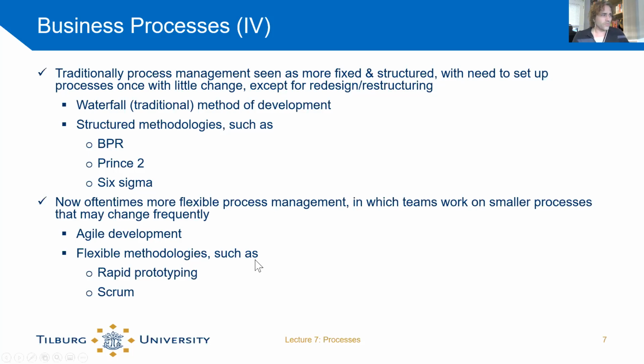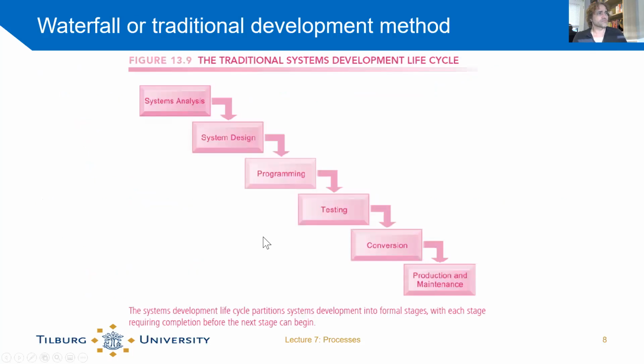So to give an example, and I'll get back to this slide in a moment. This is the traditional waterfall method of systems development. So you do a system analysis, you design the system, you do a technical design of the system, you program the system, you test, you have conversion, you check it, and then you have production and maintenance. So system analysis is basically, okay, what do we need?